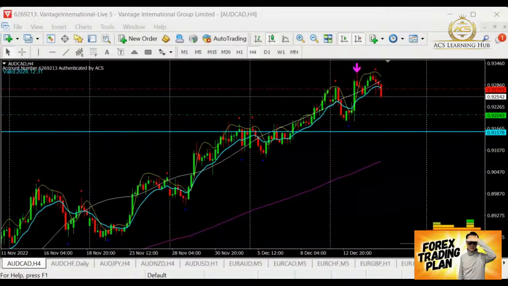I will put a symbol behind the currency pair, which means it's anti-trend, so we have to be a little bit careful.